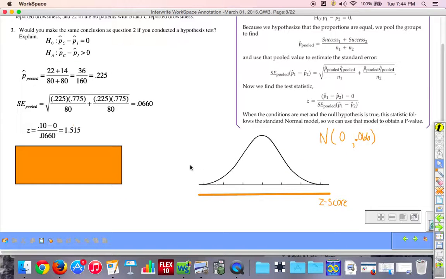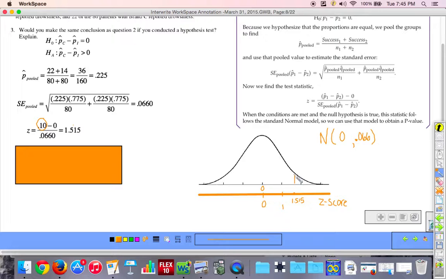Okay, so if we come over here to our nice little curve, let's label our curve. Our null hypothesis is 0. Our standard deviation is 0.066. And actually, we're going to be comparing that to our 0.1. Where would that be? Well, now I have a better idea. 0.1 has a z-score of 1.5. So if my mu is 0 and I have a standard deviation of 1, 1.5 would be just a little bit, 1.51 would be a little bit more than 1.5.